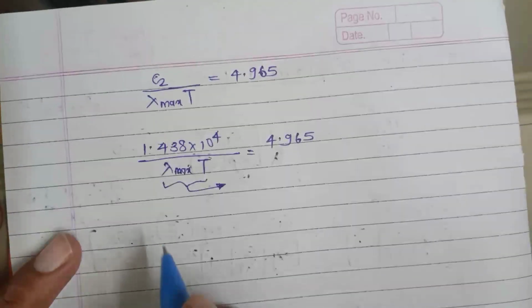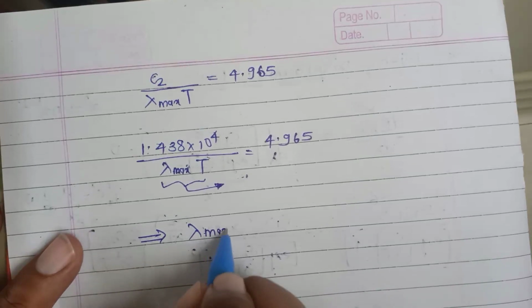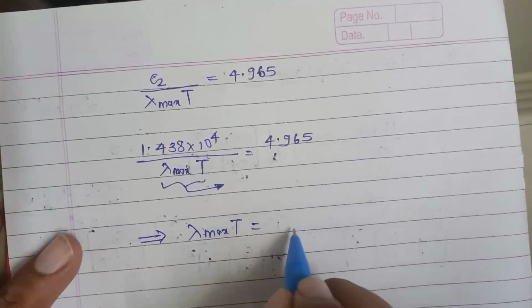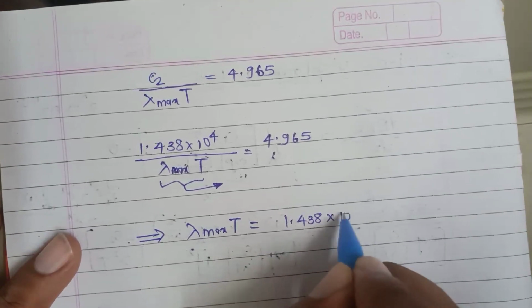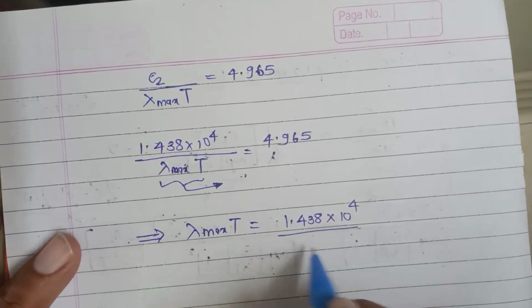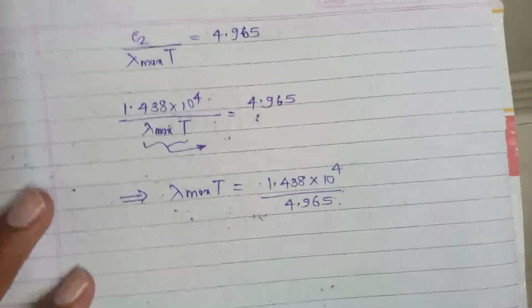So let us see now. So it means that this lambda max into T is equal to 1.438 into 10 raised to 4 divided by 4.965. So let us do the math.